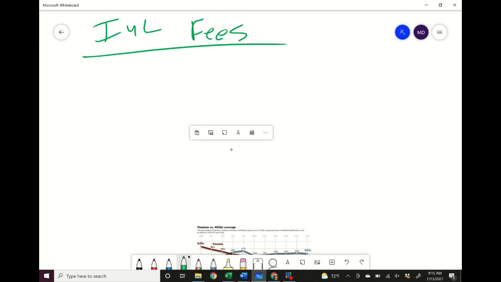So the first one is going to be simply a premium load. Now, not every single policy is going to have a premium load, but most of them will. And what you will find is policies that don't have a premium load will have higher charges in some of these other line items that we get to. But a premium load is very simple. When you pay a premium, there's a fee that's associated with that premium.